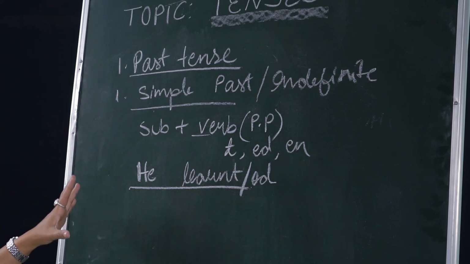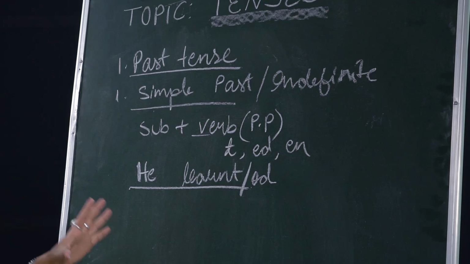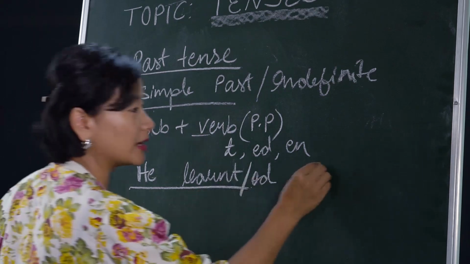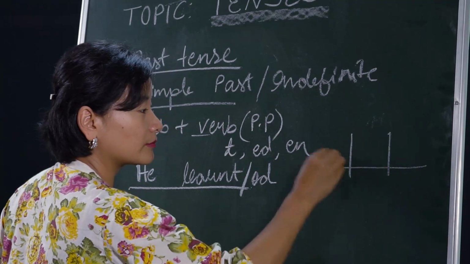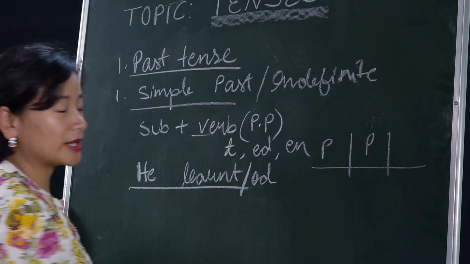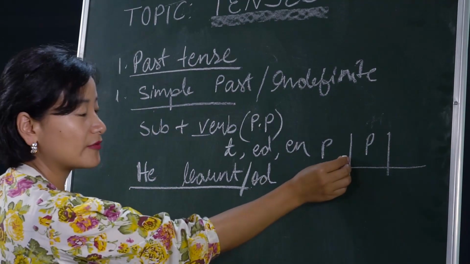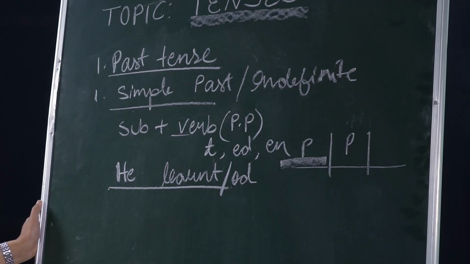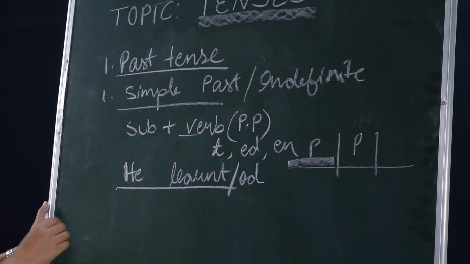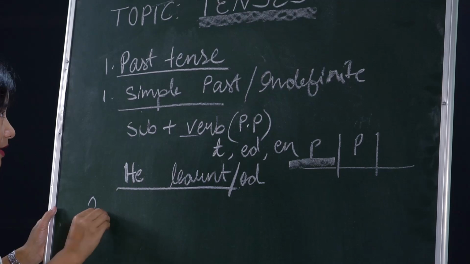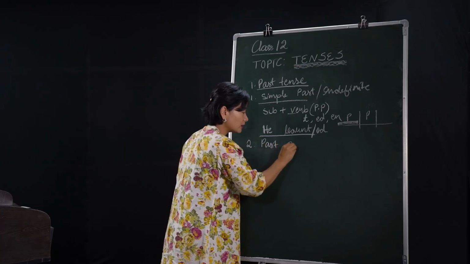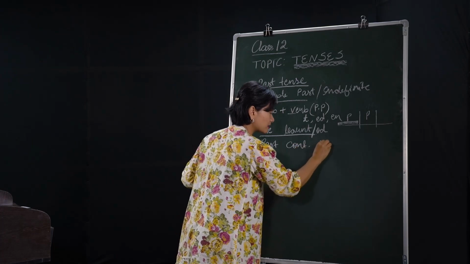We usually use simple past tense to refer to an action that happened in the past. Remember our timeline, past, present. So you are in the present position and you are referring to an action that happened in the past. So that's what we meant here. And the next point you need to write down is past continuous tense.